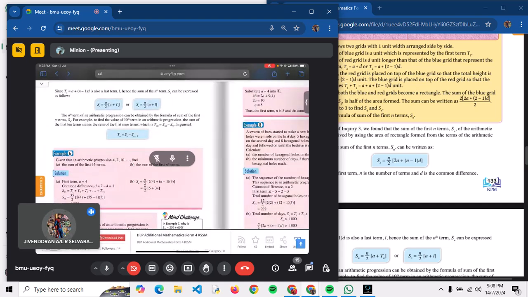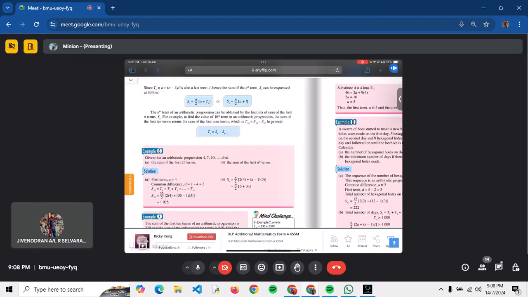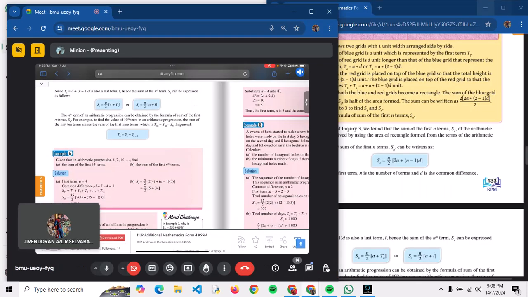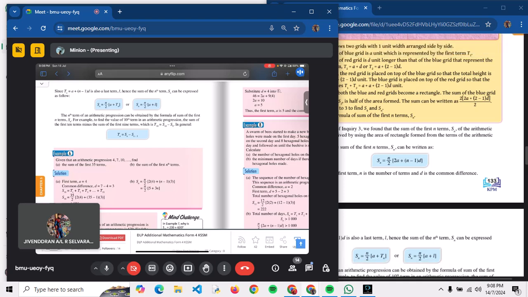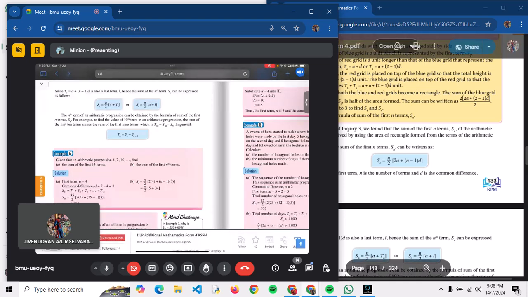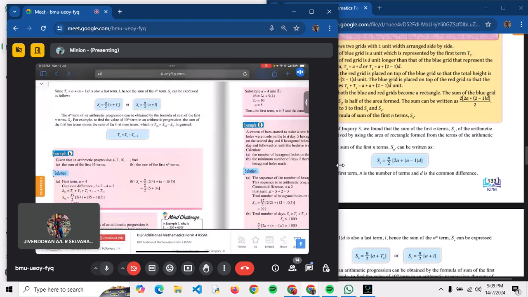But this formula is the same as the first Sn formula. The first one is more famous compared to these two formulas, and is used more in exams. But when your school teacher gives you questions, they will usually mix all the formulas, to make sure you utilize all the formulas you have to learn.